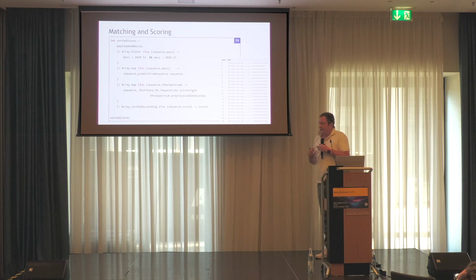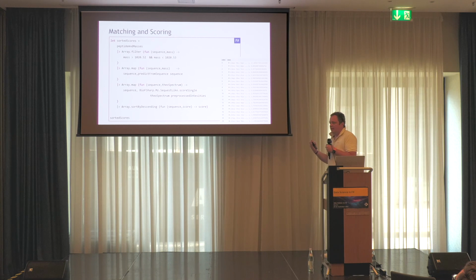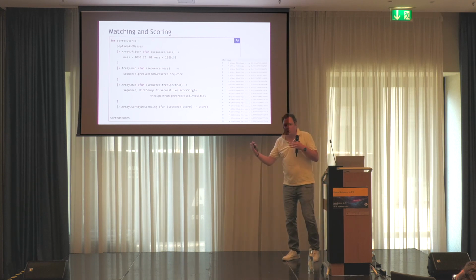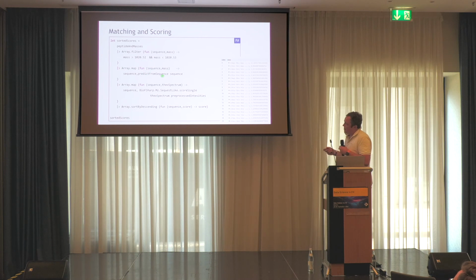This is also done here in this line of code. So what do we have here? We have the peptide masses. We filter the sequences according to the mass because our precursor mass is between these two numbers. So we get only the possible values according to the full length mass. Then we simulate the ion spectrum with the function we just wrote. So all the B and the Y ions, right?